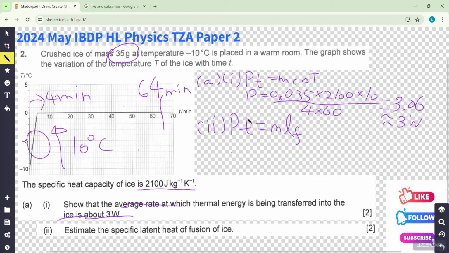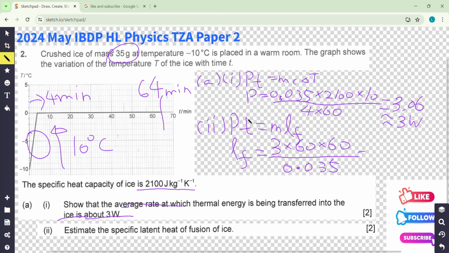So what is LF? You find out P is 3, time is 60 minutes. It means 60 times 60 seconds. And the mass, it is still the ice, right? Melting is the ice. So 0.035 kilograms.